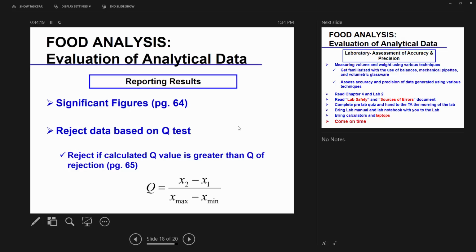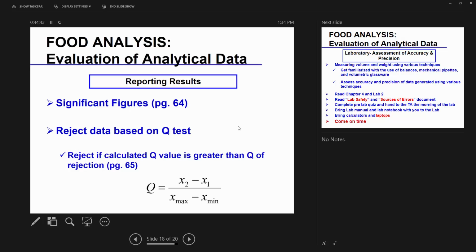And then there's the calculated Q. The way you calculate it basically, let's say your x1 in this case is your random number that you got, which is very weird and looks very different than the rest of your set of data. So x1 will be your questionable data point. x2 will be the value closest to it.